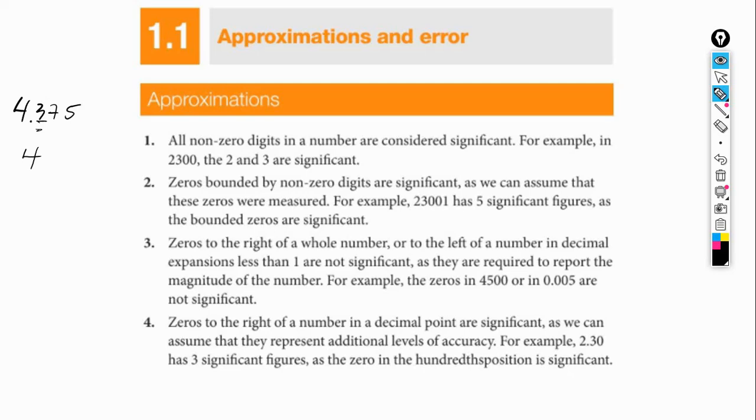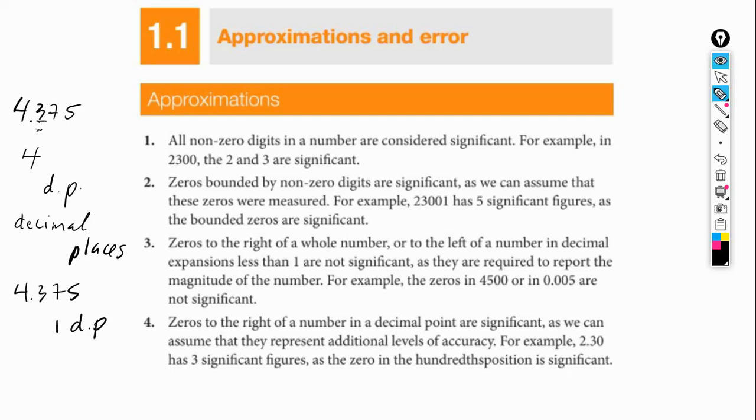Sometimes you're going to see a notation which will be like d dot p, dp. And that just means decimal places. So for example, they might ask you to round the number 4.375 to 1 dp.